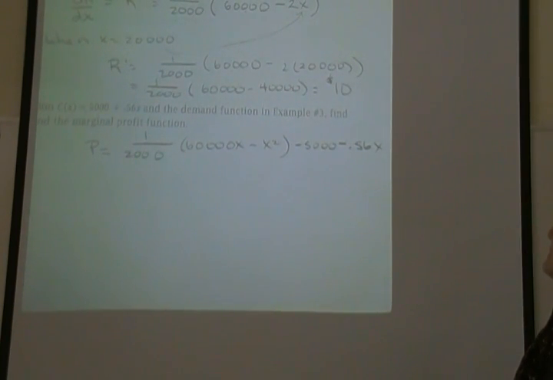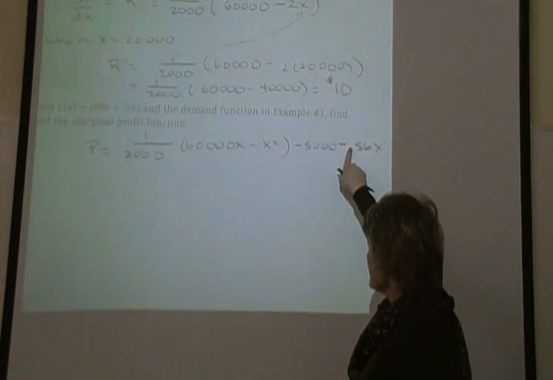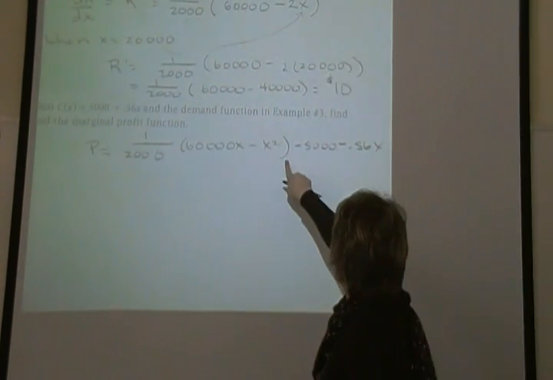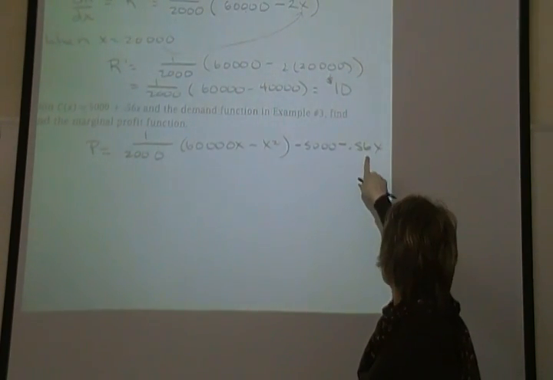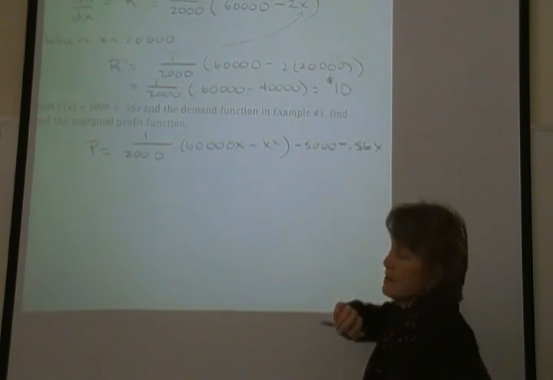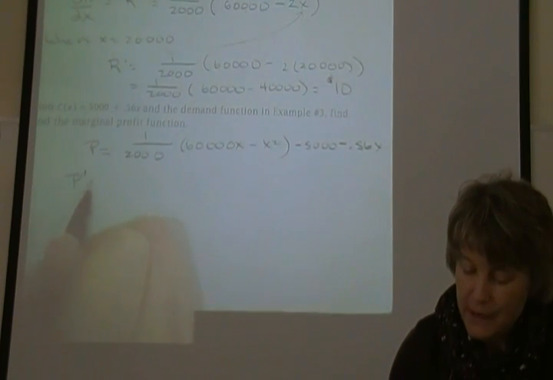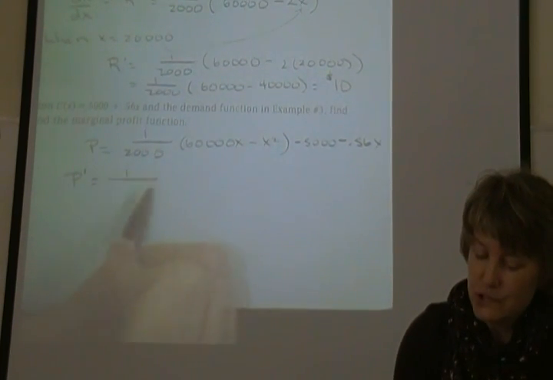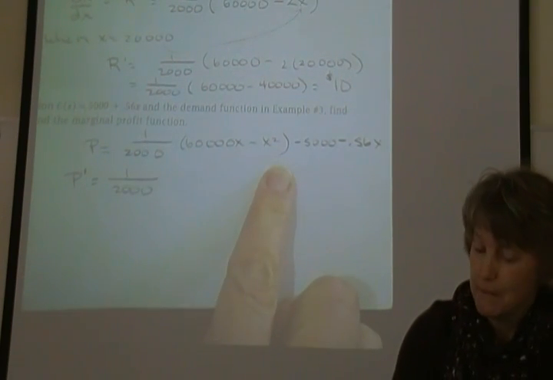And then they asked me for the marginal profit function. So I need the derivative of this. But since this is subtraction, I can take the derivative of this piece minus the derivative of this, which is 0, minus the derivative of that. So taking the derivative won't be any harder than it was up in example number 3, because I'm going to think about the 1 over 2,000 as a constant multiple of this first part.